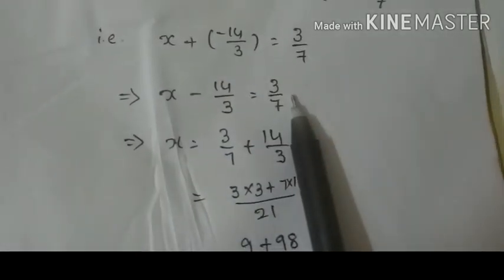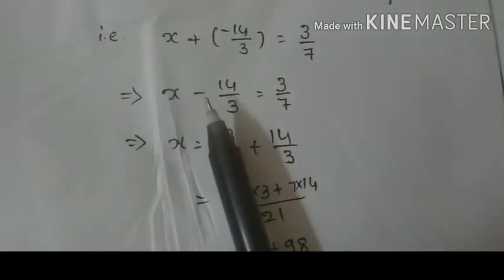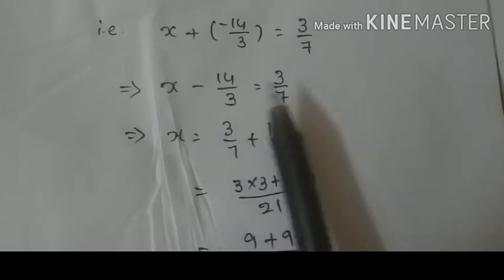Clear? Now minus 14 by 3, I transpose from left hand side to right hand side. I transpose minus 14 by 3 to RHS. Then we get 3 by 7. Minus becomes plus 14 by 3.